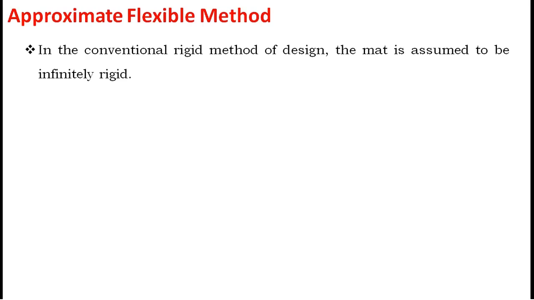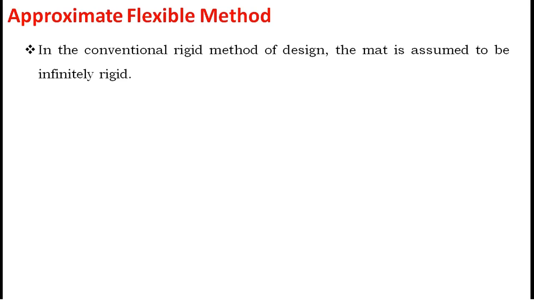Understood? Now coming to the approximate flexible method. This is the second method. That is one method, and this is the second method. In the conventional rigid method of design, the mat is assumed to be infinitely rigid. Have you considered any undulation or any deflection of the mat in the previous method?